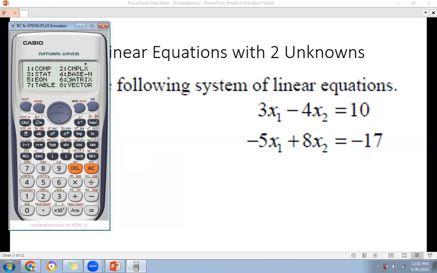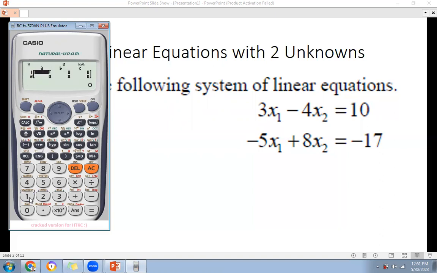But the mode that we need for this is equation. So that is mode 5 here. We need to solve two unknowns, so we go here, number 1, since that is the format for linear equations with two unknowns.